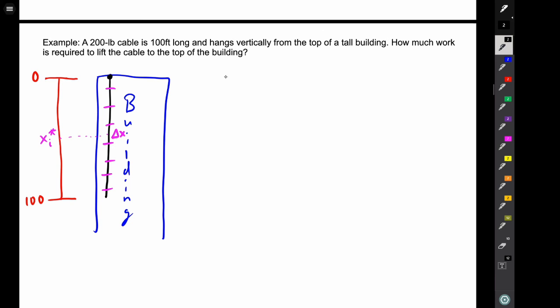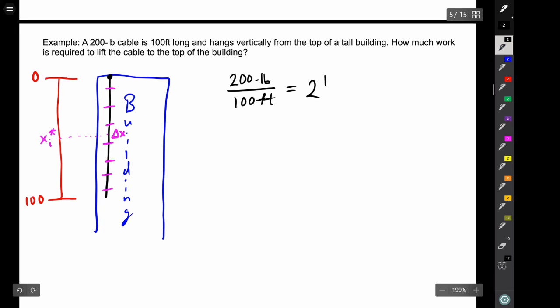So this 200-pound cable divided by 100 feet says this cable is 2 pounds per foot. So each foot of this cable weighs 2 pounds.